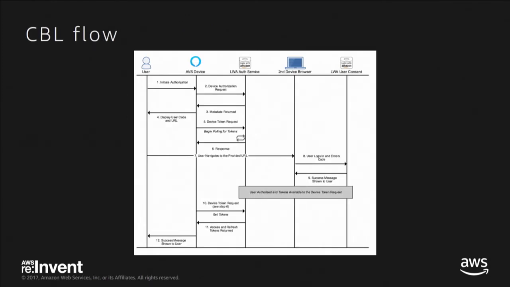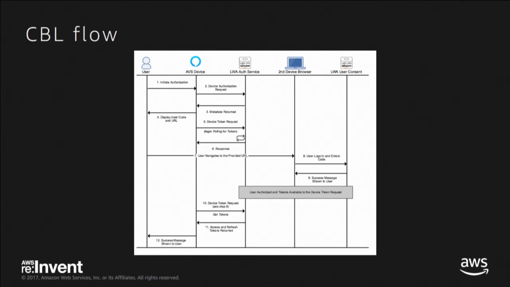So I won't go too deep into all the steps that are required, but it's a very sort of OAuth 2 style request. The first thing that's going to happen is your device is going to talk to Login with Amazon, which is our authentication mechanism, and you're going to grab two things. You're going to make a POST request, and you're going to get back the URL that the user is going to need to go to, and you're also going to grab the code that you need to display to that user.